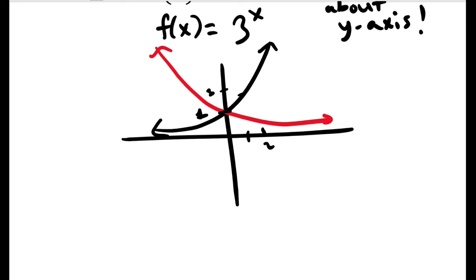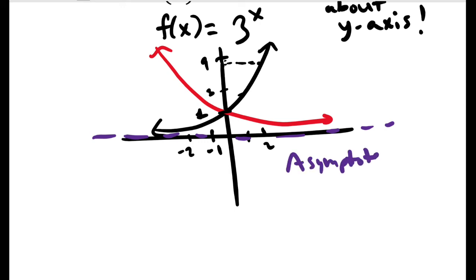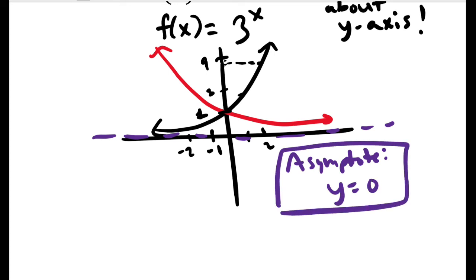When x is 2, y is going to be 9. And there's our guy. So our graph is given in red. Now notice that the asymptote is still the same. The asymptote is still going to be y equals 0, since it didn't shift up or down.